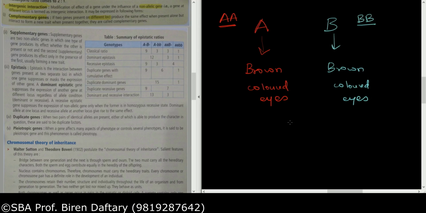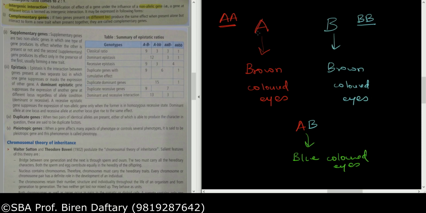But if a person has the combination A, B, that means both the genes are coming together. Now what will happen is that when both these genes are present together, they will not show this phenotype, they will show something else. For example, this may give rise to blue colored eyes, an example I am giving. So complementary genes, when present alone, show the same phenotype as each other.